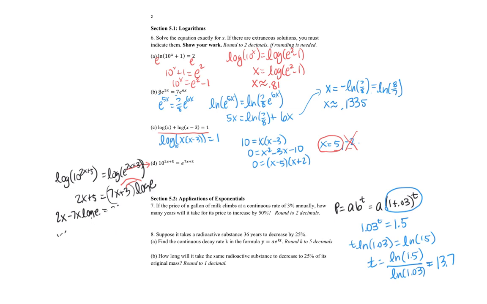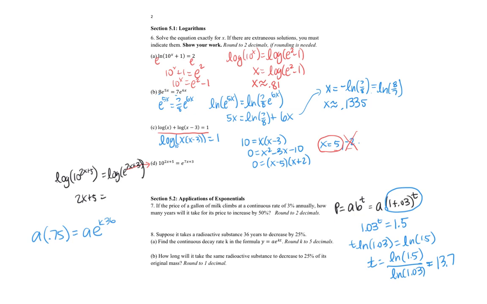Suppose it takes a radioactive substance 36 years to decrease by 25%. Find the continuous decay rate. Okay, so we have that in 36 years it decreased by 25%. So I can say A times 0.75 is equal to A times e to the k times 36, so it decreases by 75% for that.